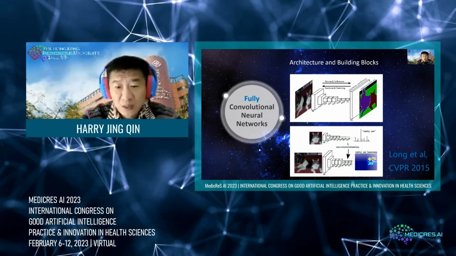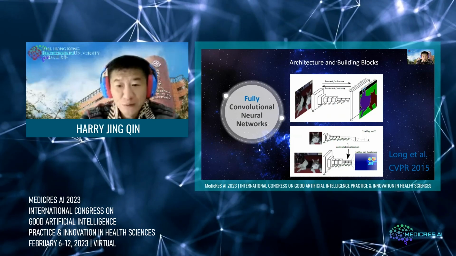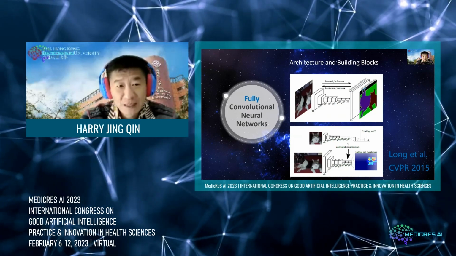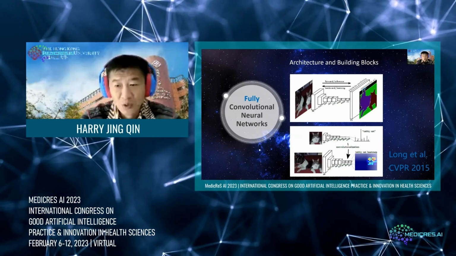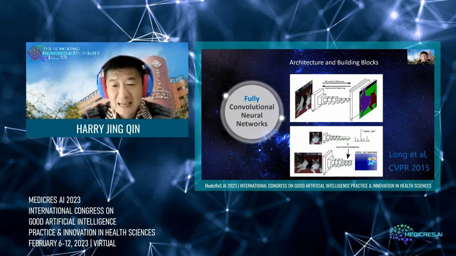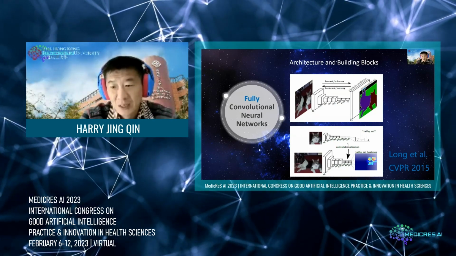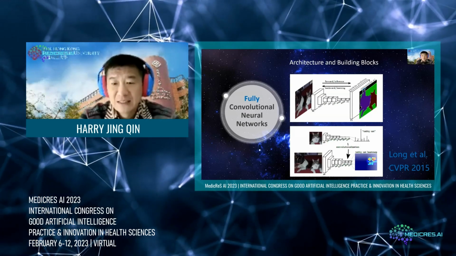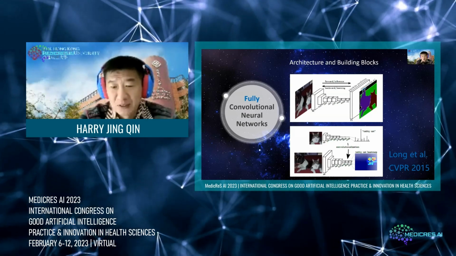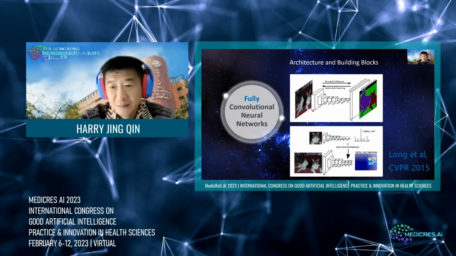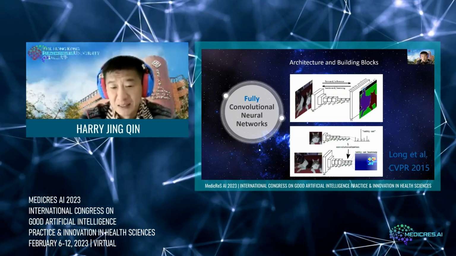So to overcome this shortcoming, fully convolutional neural networks were proposed. So what are the key characteristics of fully convolutional neural networks? The first point is that it upsamples the feature maps by interpolation operations.